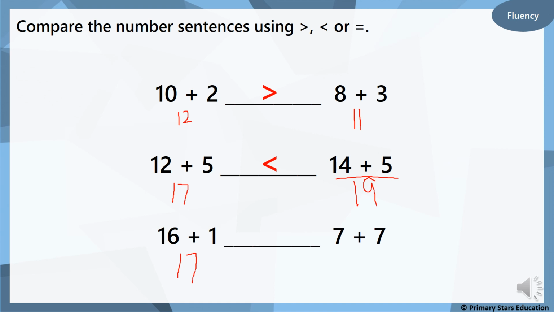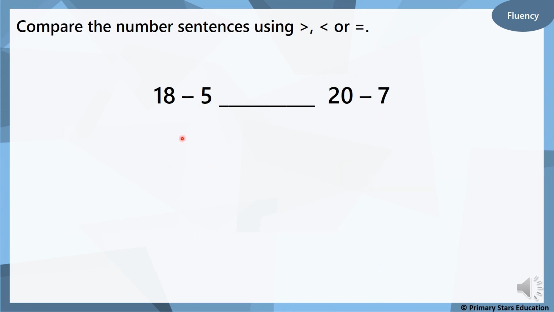What's a double 7? 2 times 7 is 14. So which calculation has the greatest answer? It is the 16 plus 1. And again, if you have a look, there is that open end of the symbol pointing to the greater calculation. So 16 add 1 is greater than 7 add 7.